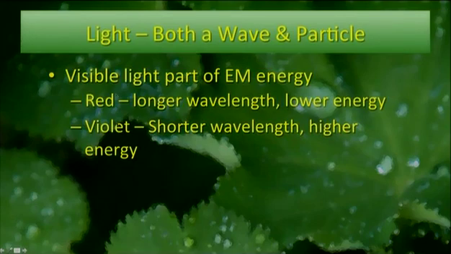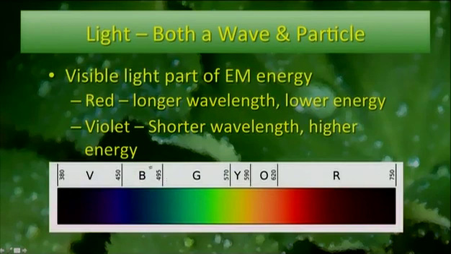Ultraviolet is UV light, which can be damaging radiation. The higher the energy, the more damaging it can be. So the part above the visible spectrum, like X-rays or gamma rays, can be very damaging to your body.